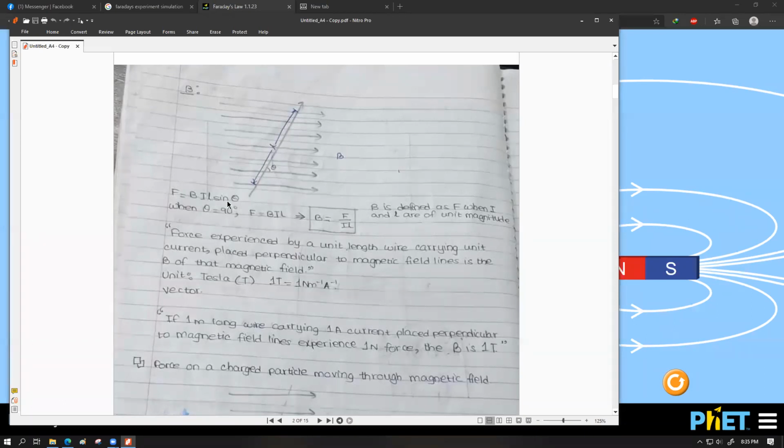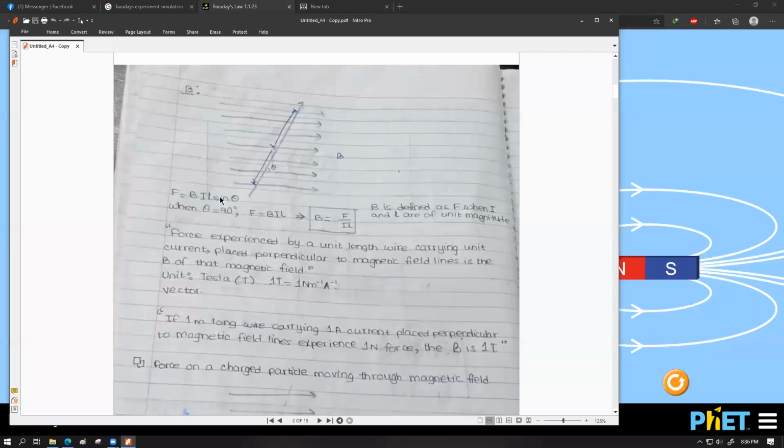Now, one thing I can logically explain is why this has to be sine theta. For a force to exist on the wire, the current must cut across the magnetic field lines. This is very important.